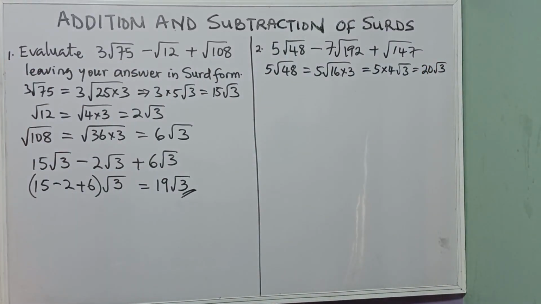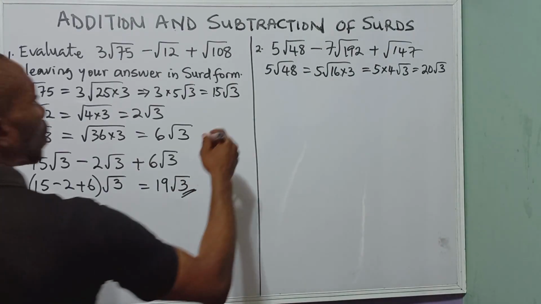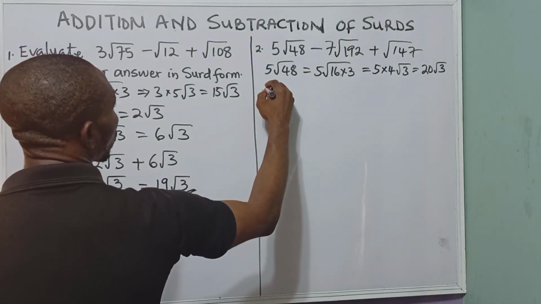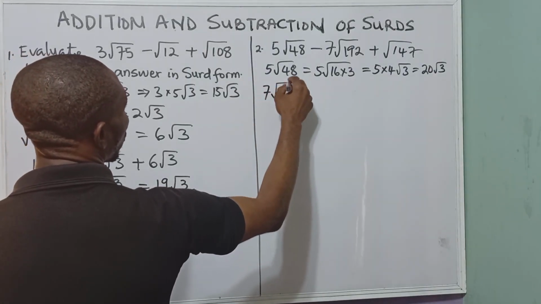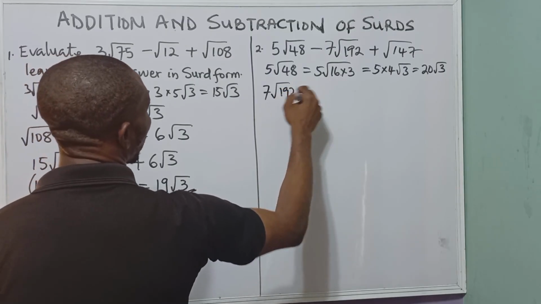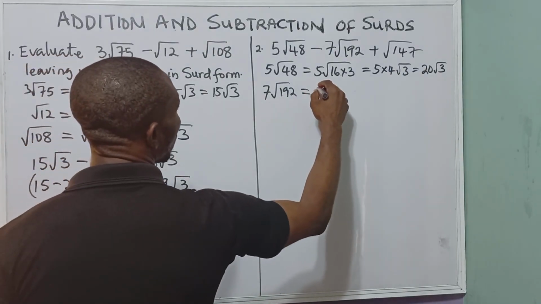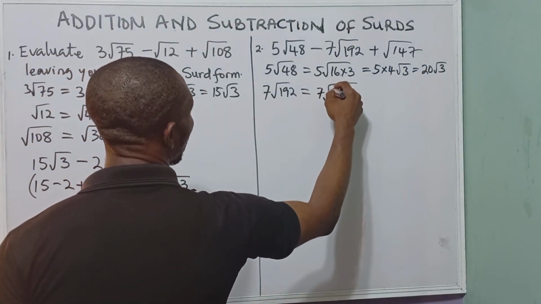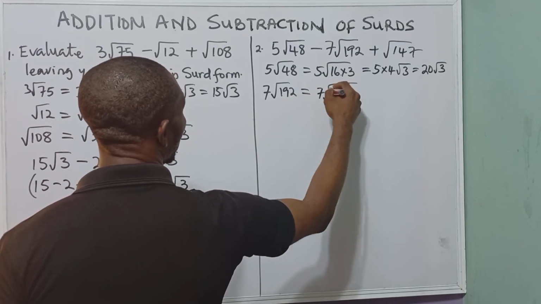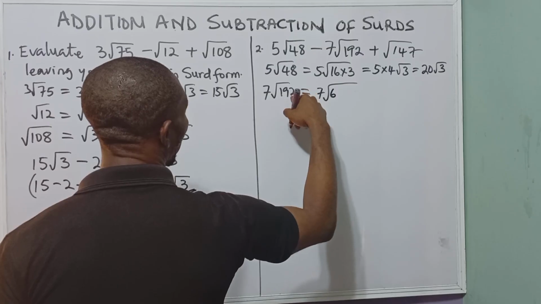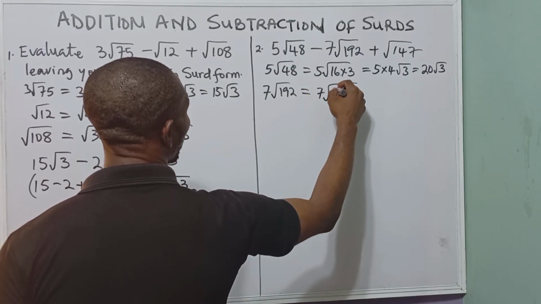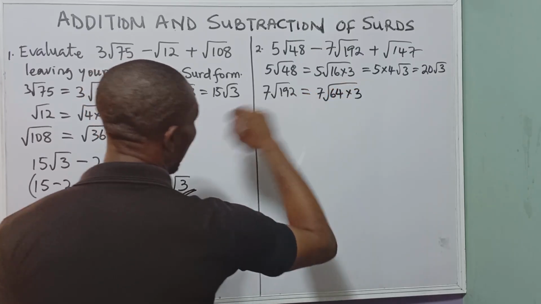And our 7 root 192 would be 7 root 64 times 3.